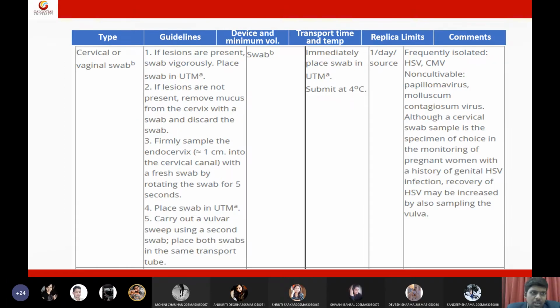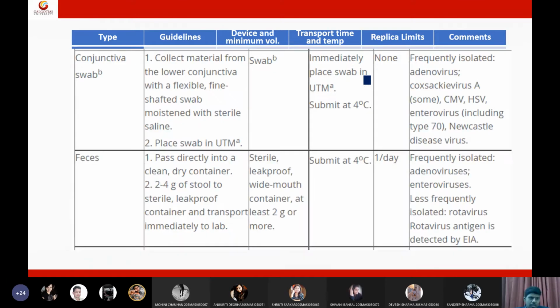For cervical or vaginal swabs, you will do this for detection of HSV, herpes simplex viruses, and other herpes viruses. Okay, sexually transmitted viruses will be detected by cervical or vaginal swab, and these are the guidelines. And this is the transport time and temperature requirements. The conjunctiva sample is collected for detection of cytomegalovirus, herpes simplex viruses, and Coxsackie viruses.